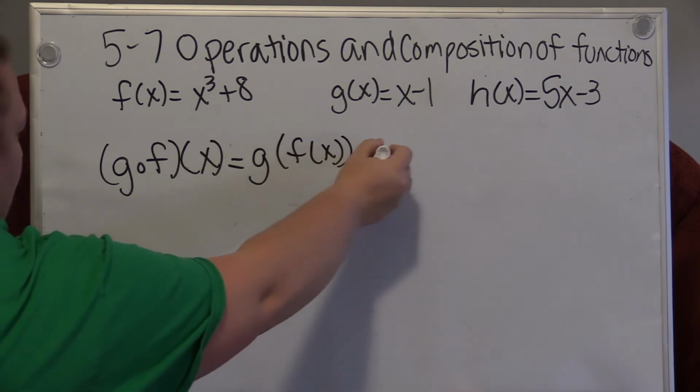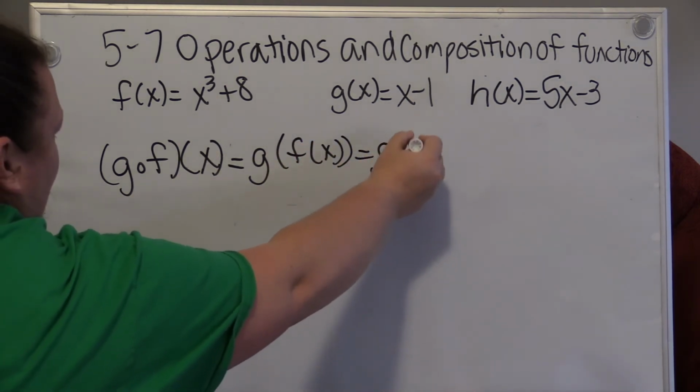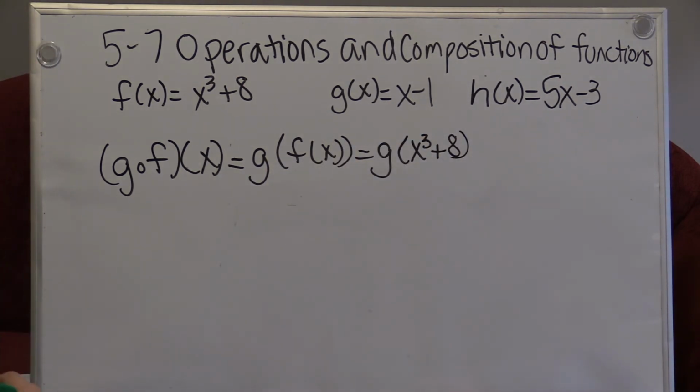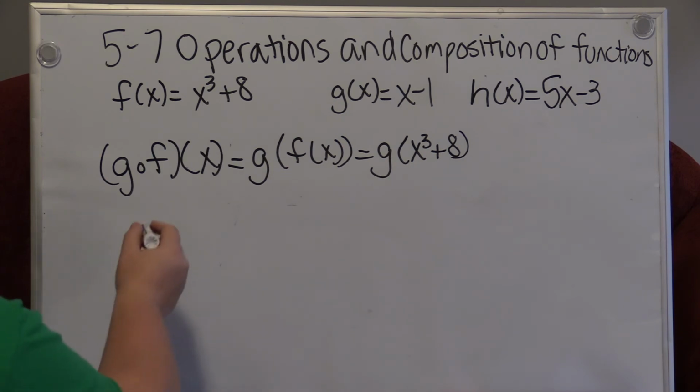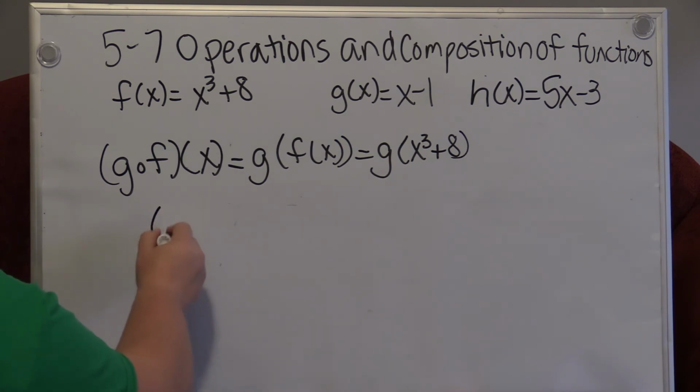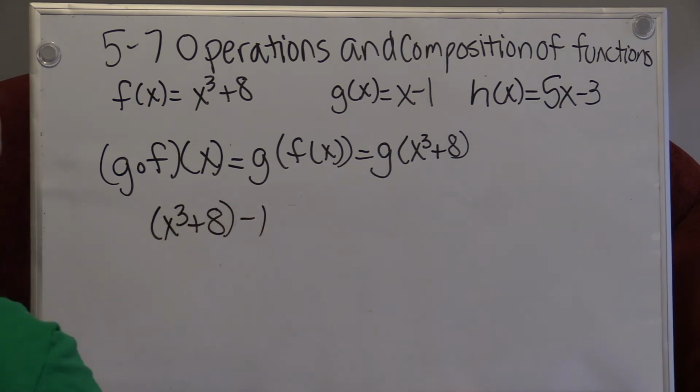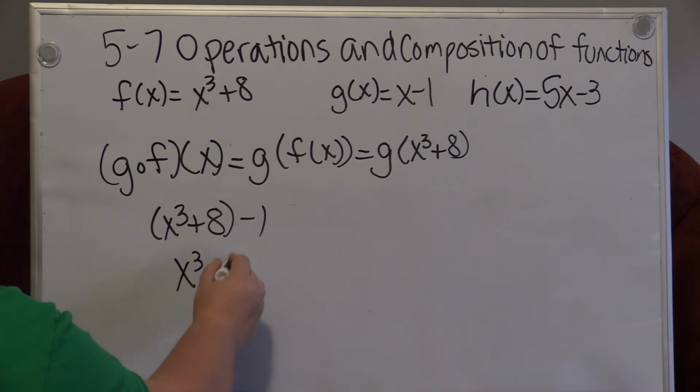I know that looks weird again, so we're going to say g of x cubed plus 8. Well, here we're going to take x cubed plus 8 and subtract 1. And I get x cubed plus 7.